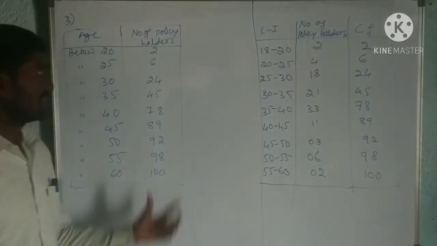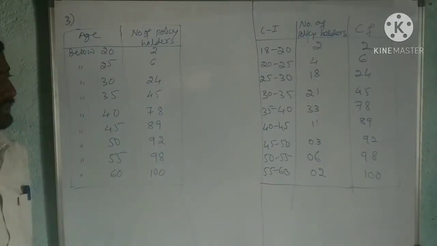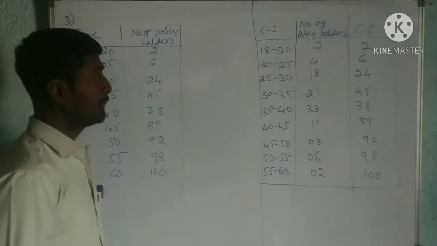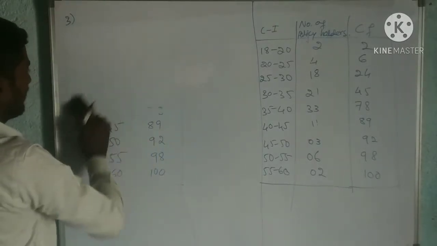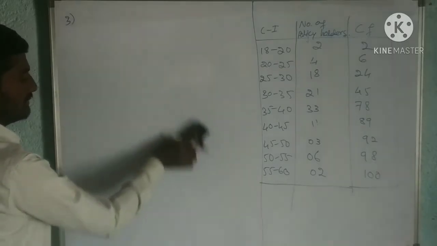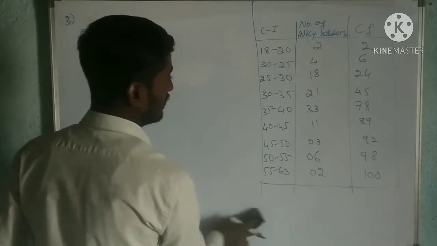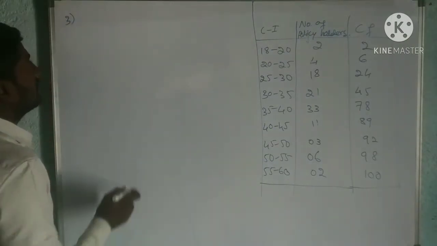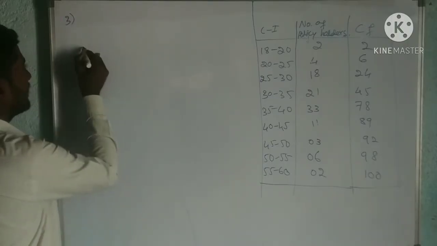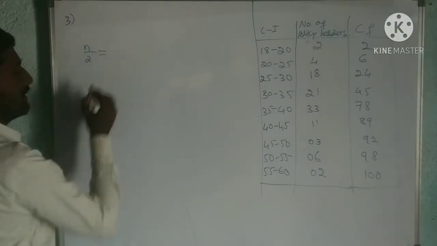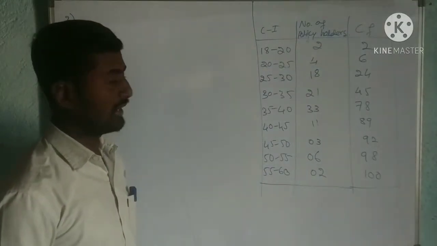Okay, the same column I got there, CF. Now I have to find the median. First I have to find the median class. For that I need n by 2. n is nothing but the sum of fi.